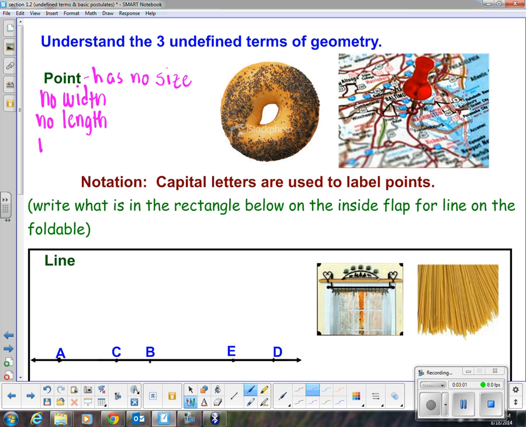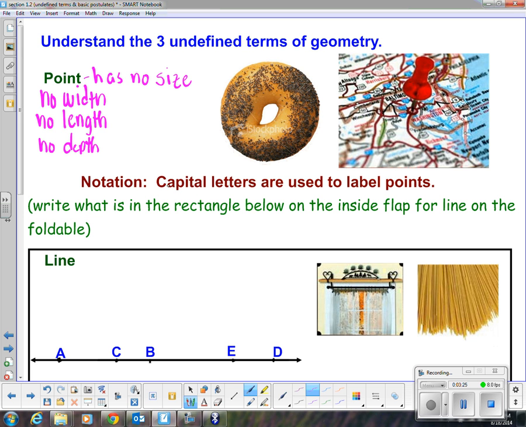It has no depth. All right, so as a real-world example, this is a bagel. These little poppy seeds, one little seed would represent a point. Another example of a point would be when you take one of these push pins and you put it on a spot in the map, that would be a point.